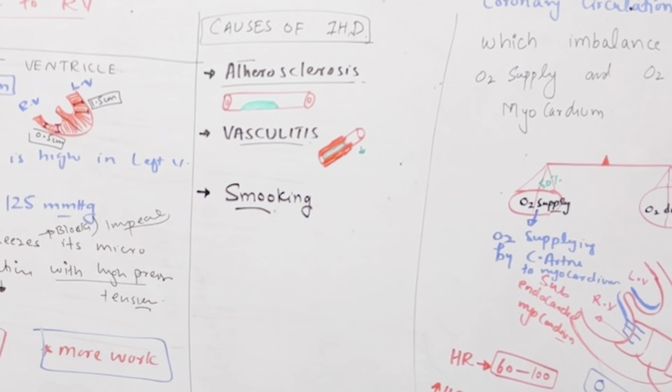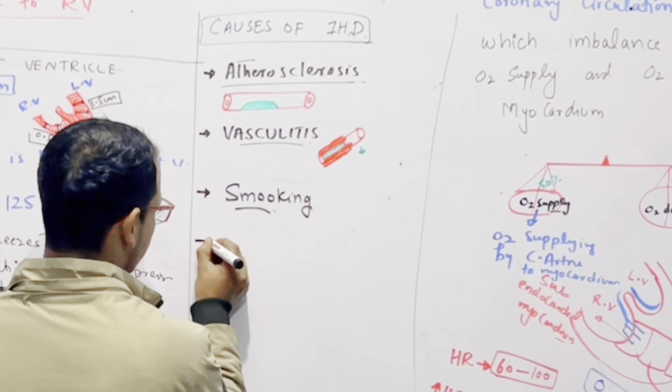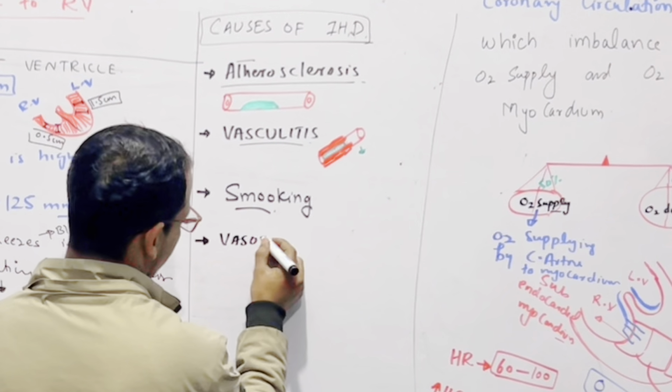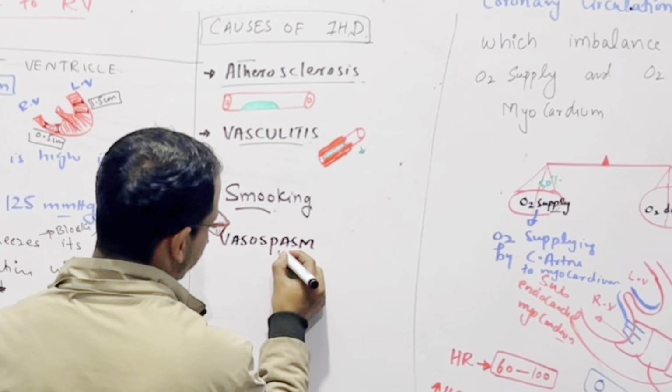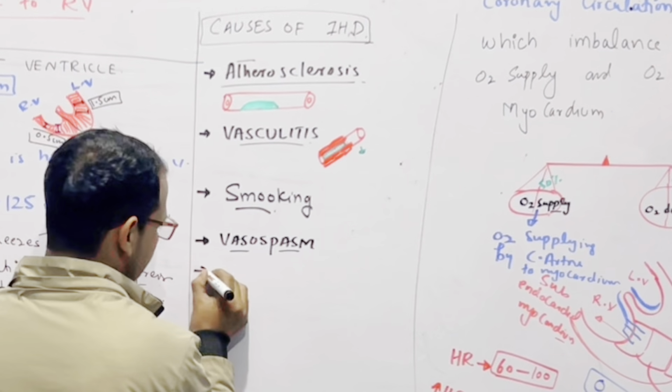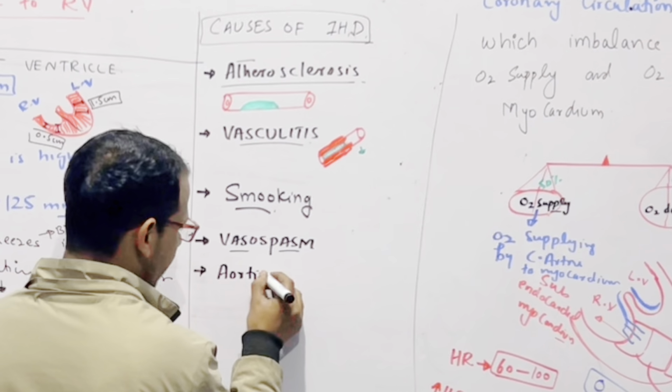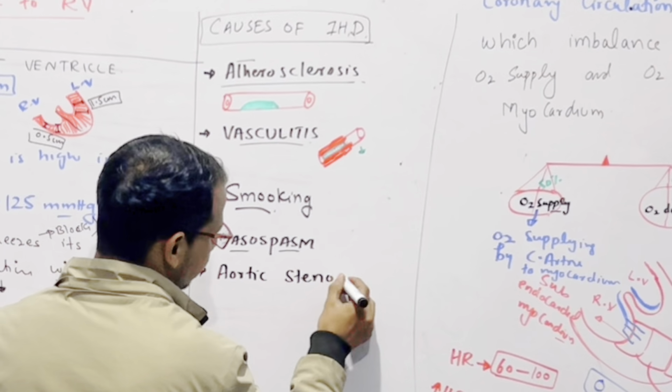In coming lectures, we will discuss in detail what factors are responsible for reducing blood supply and oxygen supply, and what factors are increasing oxygen demand. The other causes of ischemic heart disease are vasospasm and aortic stenosis.